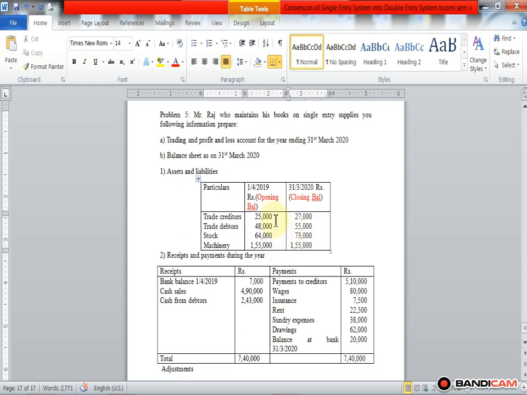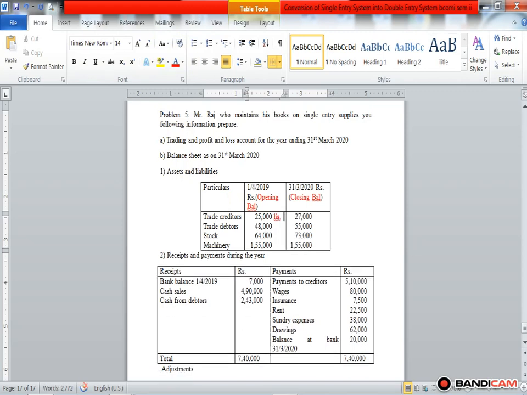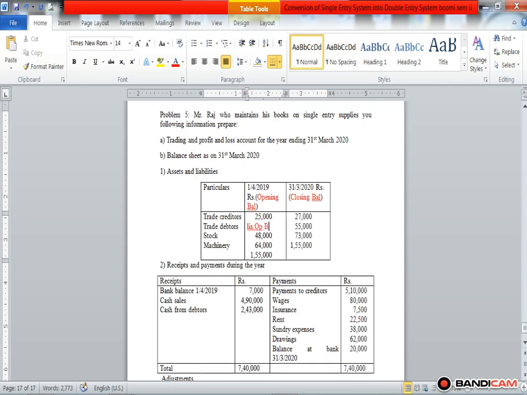So we write in front of this amount: transferred to liability side, opening balance sheet, OPBS.